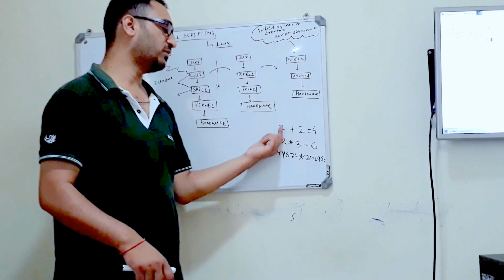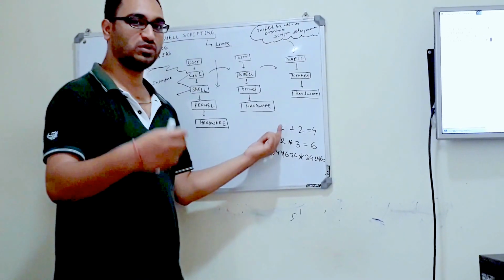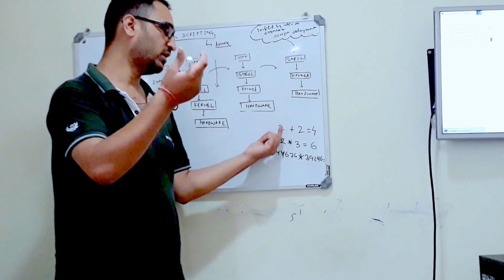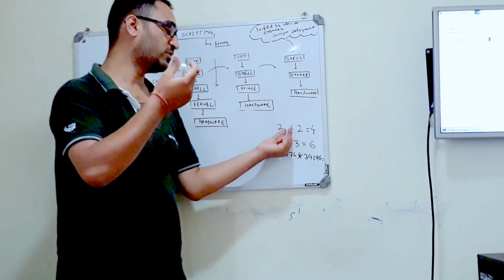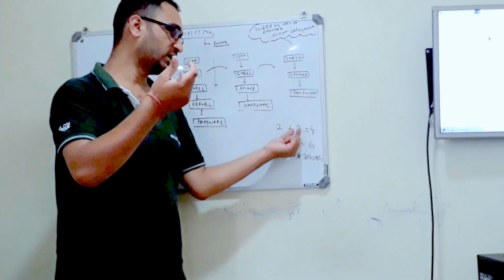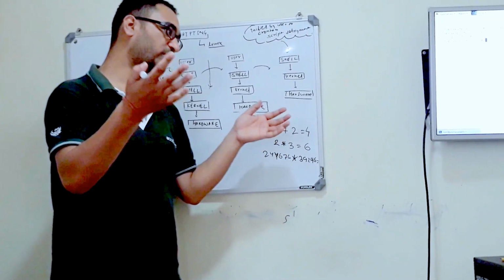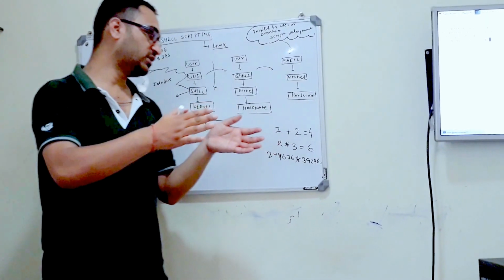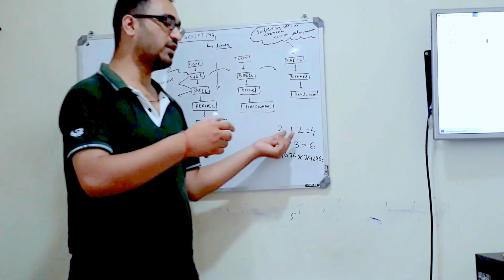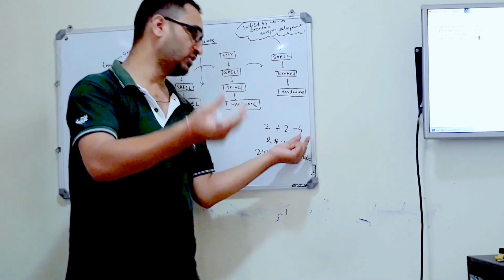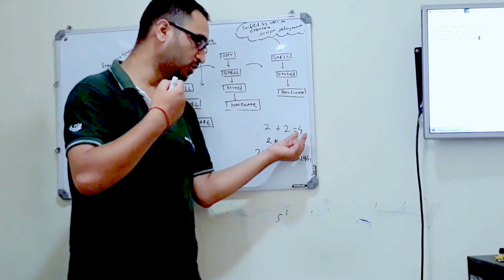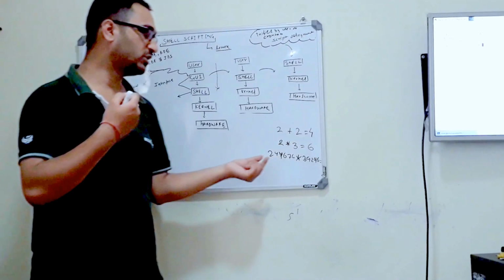Because I have given you the input 2, so you store 2 somewhere in your memory. Again I give you the plus operation, and you store the plus operation in your memory, then again one input 2. Your brain works on those inputs which you have stored in your memory, the output is again stored somewhere in your memory, and you are able to say 4.